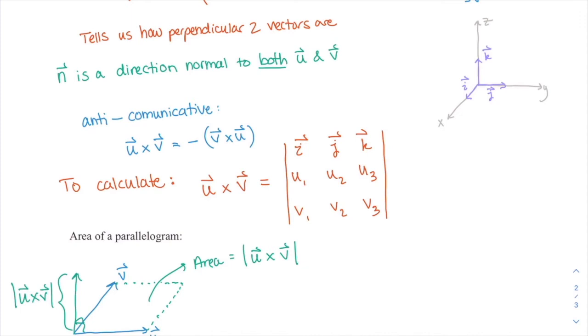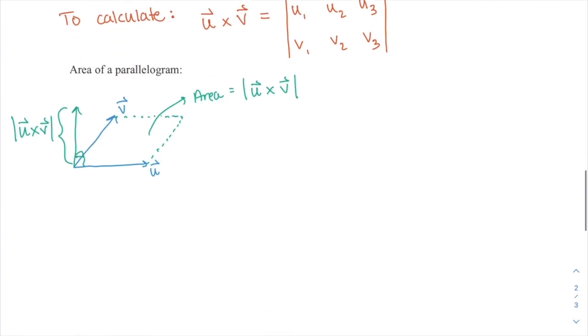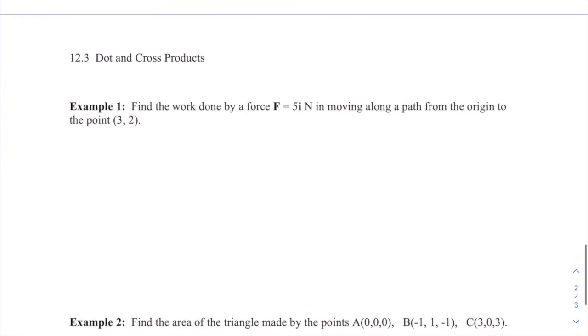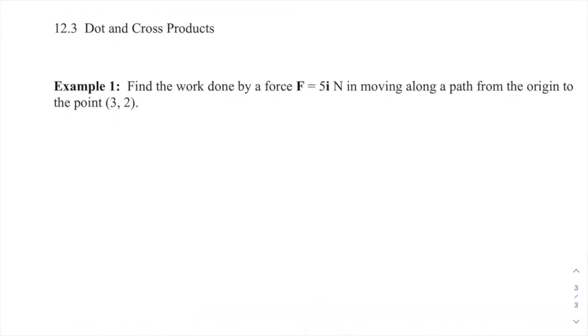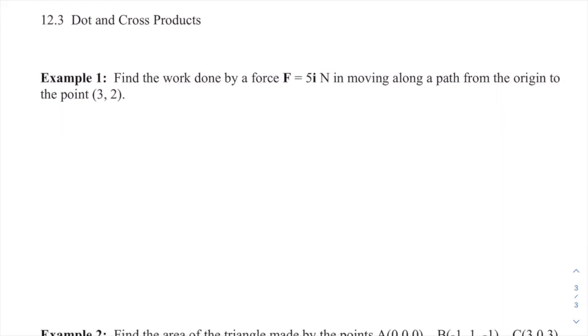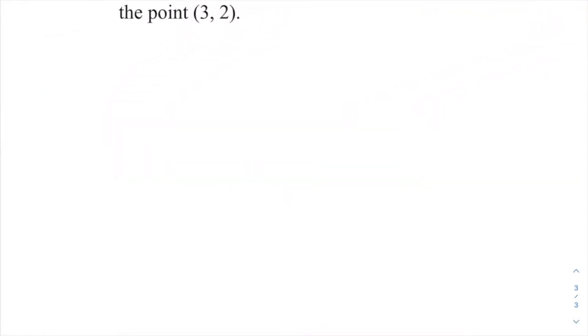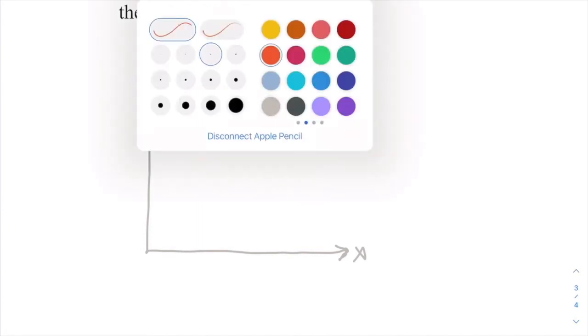So let's look at two example problems that'll both use applications of the dot and cross product, so we can see how they're useful. This first one is asking us to find the work done by a force, which is 5 newtons in the x direction, when we move along a path from the origin to this point. So let's just sketch out a little picture of what's going on. We have a force which is 5I.